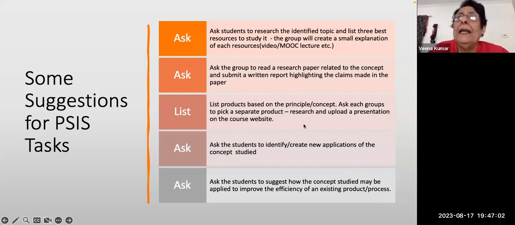So basically, what is a good activity for this, which has an outcome? It is an outcome like a report, a presentation, a video, input on how the product can be improved, or a whole process.